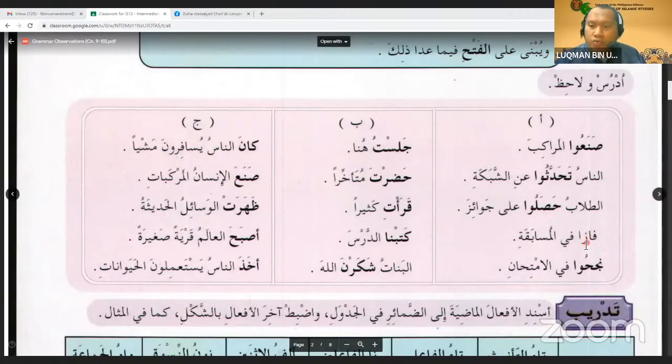Next, fazu. May nawawalang waw dito, no? May waw dapat dyan. Fazu fil musabaqa. They won the competition. Fazu. Okay. Najahu fil imtihan. They passed the examination, al-imtihan.